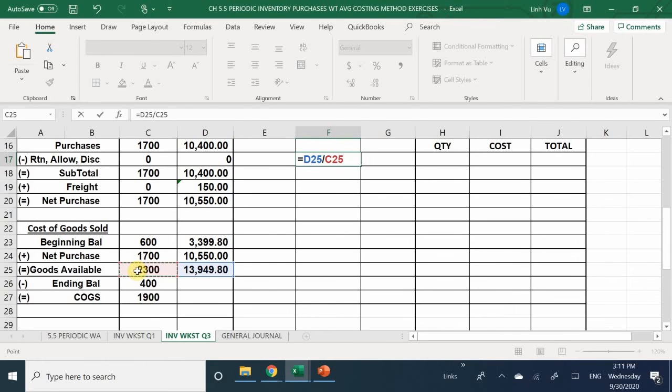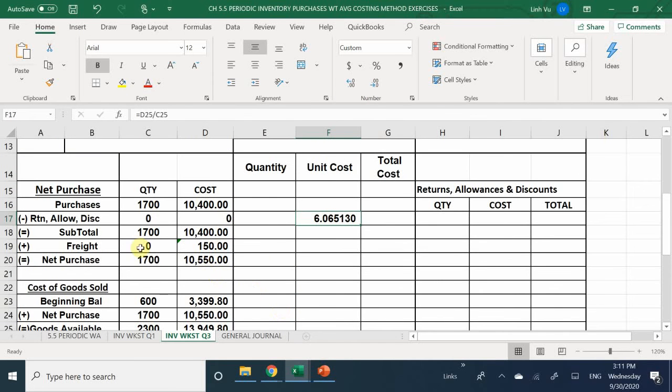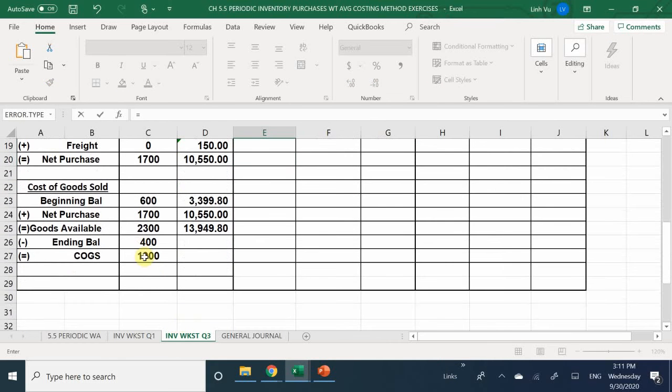That gives me a cost per item of $6.0651303. And lastly, how many items did we sell in total? 1,900.